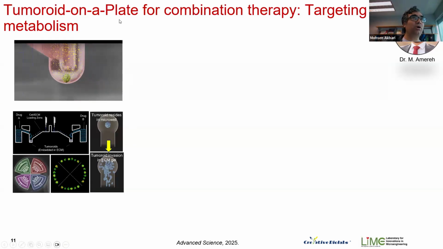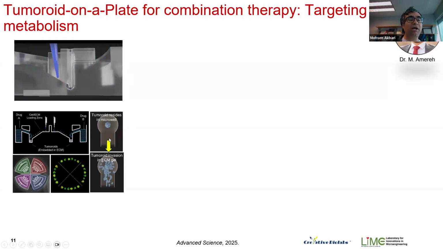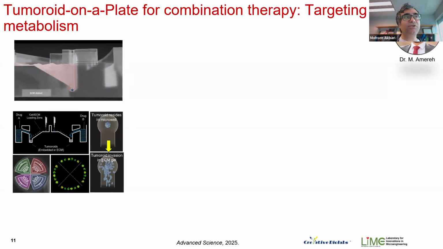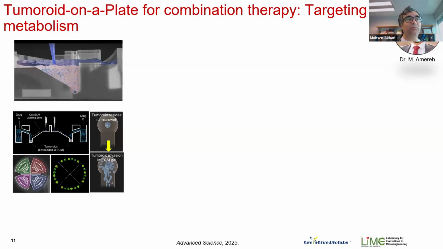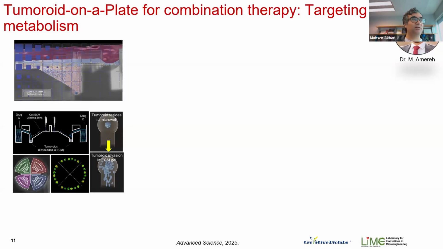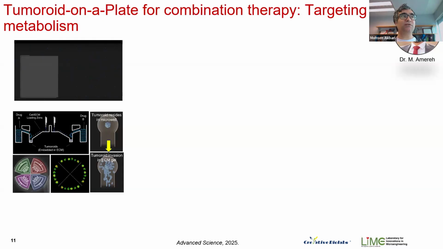The reason we call it the tumoroid-on-a-plate is because now we combine the microfluidic components of the device with the tumoroid formation components, and put them all together into one insert. Now we can make tumoroids and also recapitulate the tumor microenvironment simultaneously in one single insert.